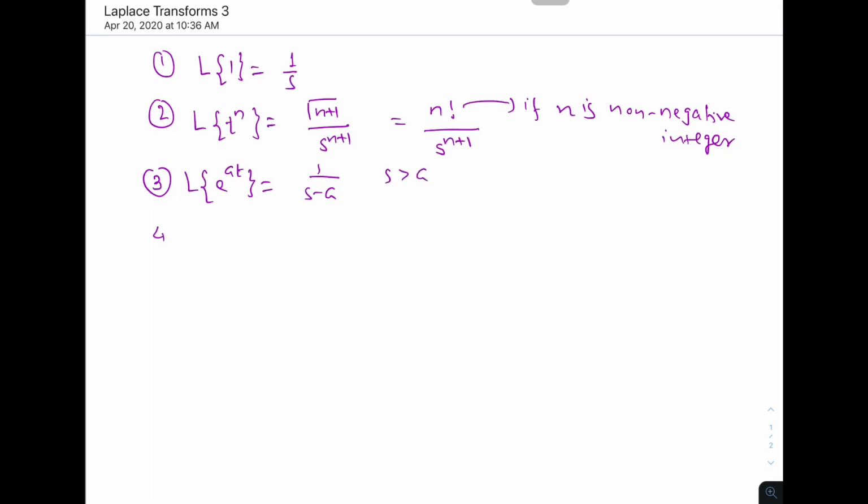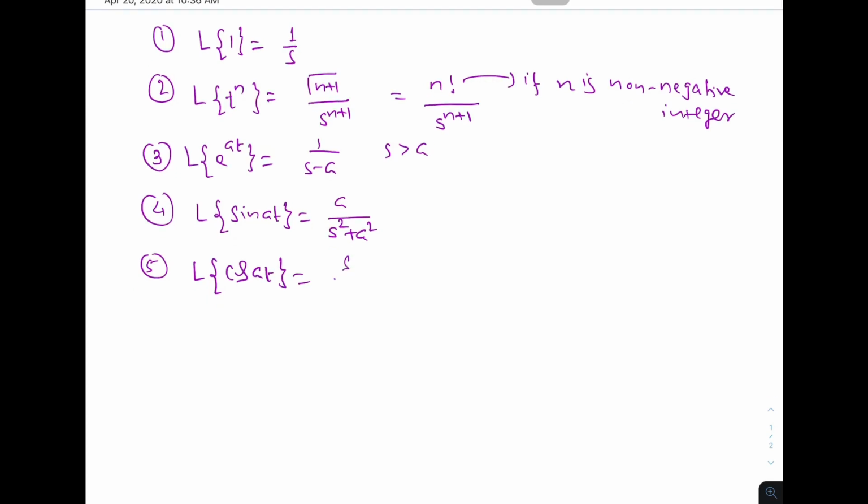Then the Laplace transformation of sin at is a over s square plus a square. The Laplace transformation of cosine at is s over s square plus a square.